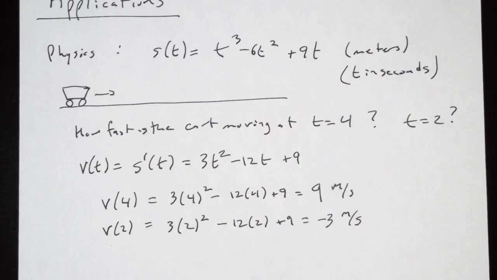What's positive or negative mean in this interpretation? What does it mean to have a velocity of 9 meters per second? I'm moving forward in the same direction in which the distance is measured. And then the negative one means I'm moving backwards.